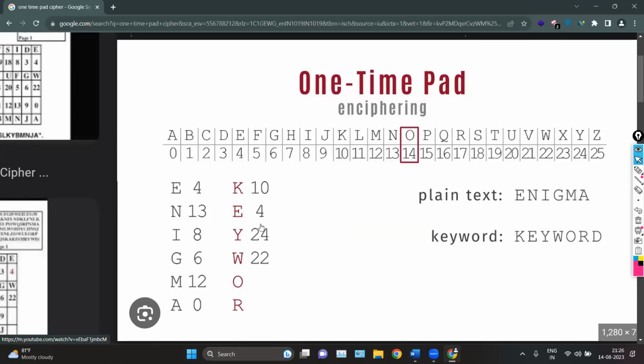And your keyword is keyword. In place of E you have 4, and in place of K you have 10. So you are converting using this method.